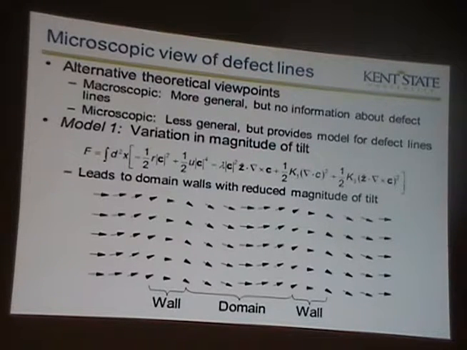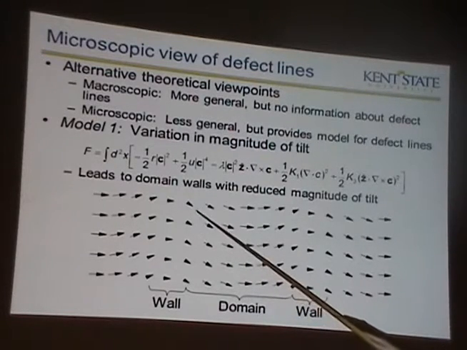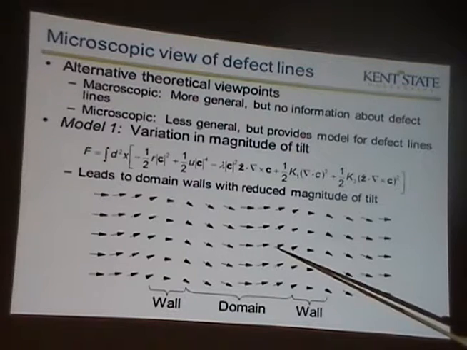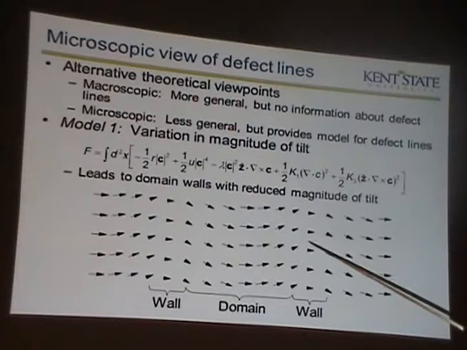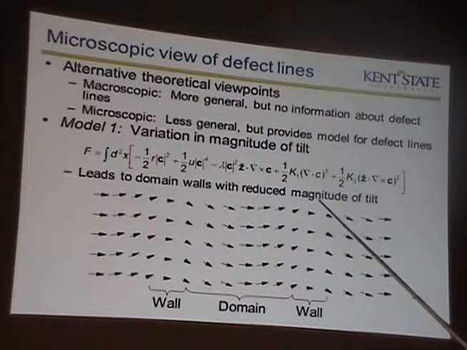If you think of the director field not as something with a fixed magnitude of molecular tilt and only a variable azimuth, but you let the magnitude change, go to 0, or even just get reduced, then you could construct a theory where there's a domain with a big magnitude of the molecular tilt, and then a wall with a reduced magnitude of the tilt.